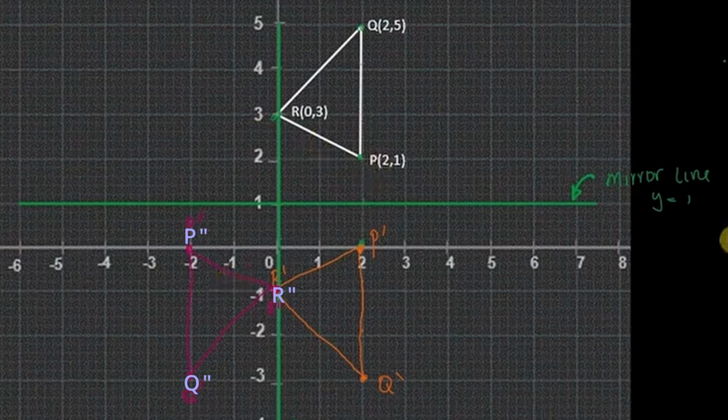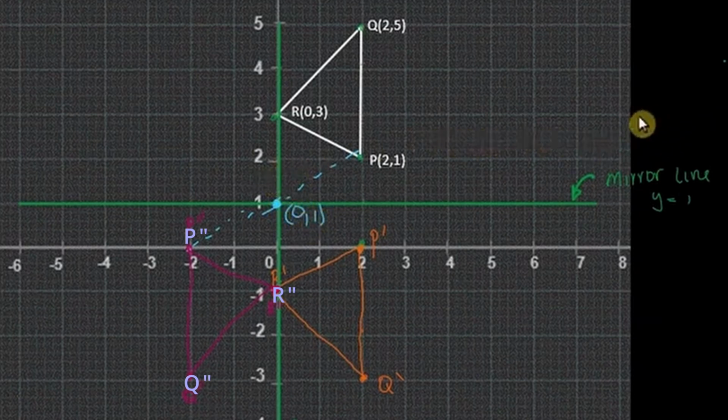So if we look at it carefully, we can see that if I were to connect P and P prime, I would actually pass through a new center which is located at x equals 0, y is equal to 1. So what we're having is a rotation of 180 degrees about a new center located at 0, 1.